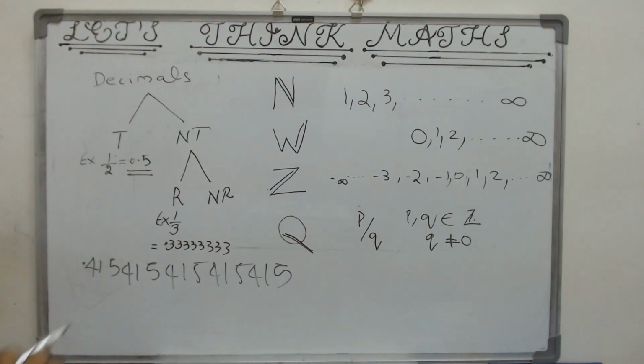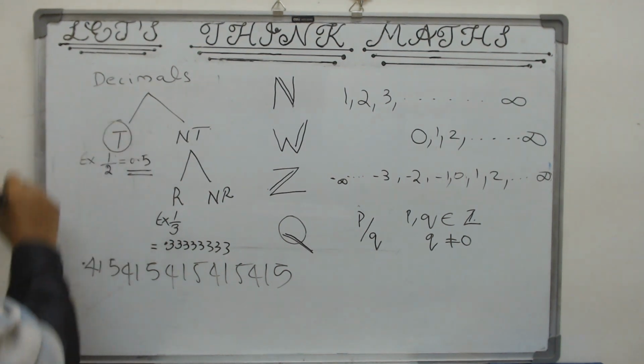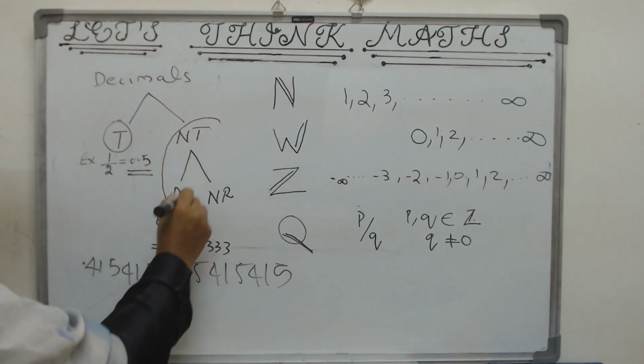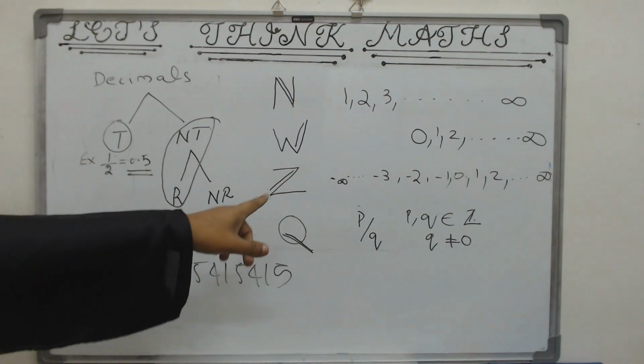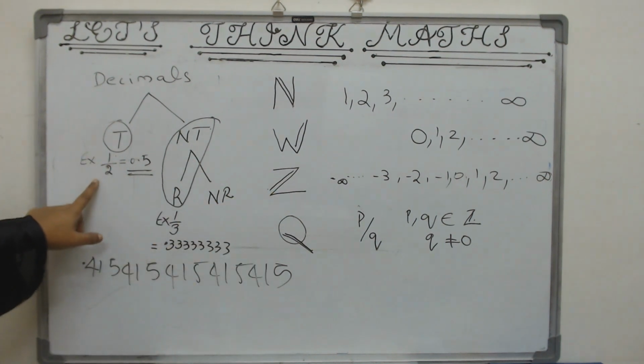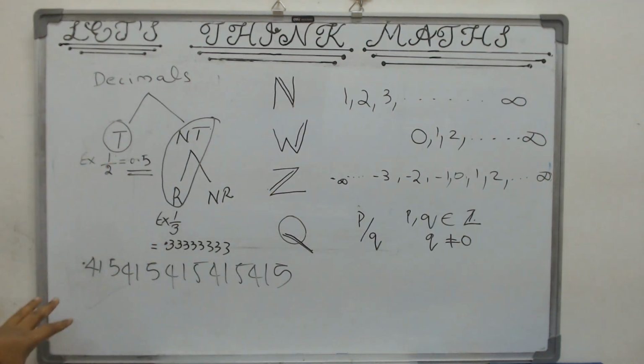So these 2 types, if it is terminating or if it is non-terminating and recurring, these can be expressed in the form P by Q, or in other words, these are rational numbers. It can be written in some form as P by Q. 1 by 2 or 1 by 3, it can be written like this.